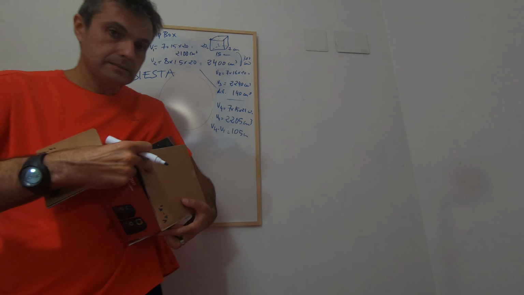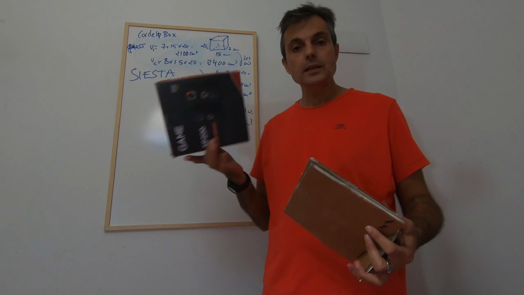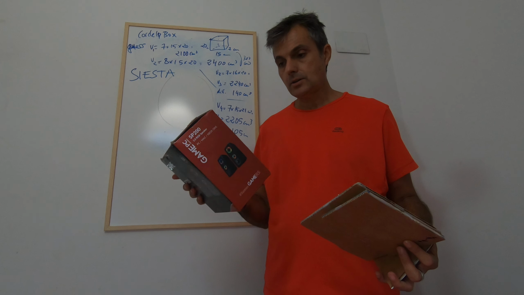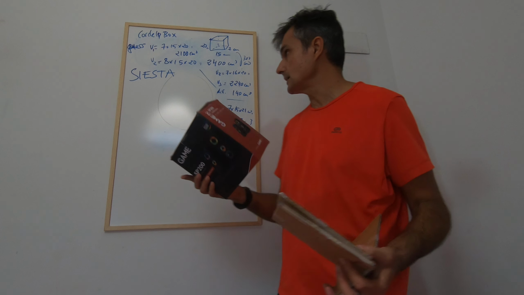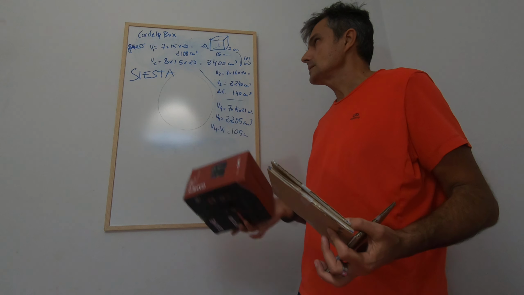Okay, so what's the point of what I did? The point is that we wanted to estimate the volume of a box without having a ruler. So we have a training, and we can see that it is 7, 15, and 20.